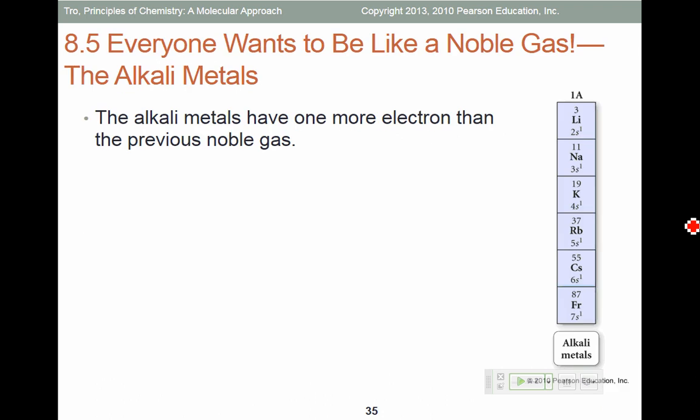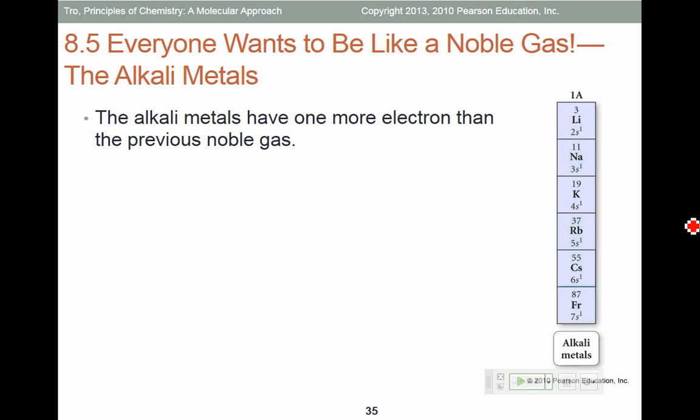So basically when we predicted the charges that our atoms were going to form, what we were predicting was the ability of our atom to have its electron configuration look like the noble gas that's closest to it. In other words, getting that valence electron diagram looking like the noble gas either directly before or directly after, depending on if we were talking about a metal or a non-metal. So everyone wants to be like the noble gas.